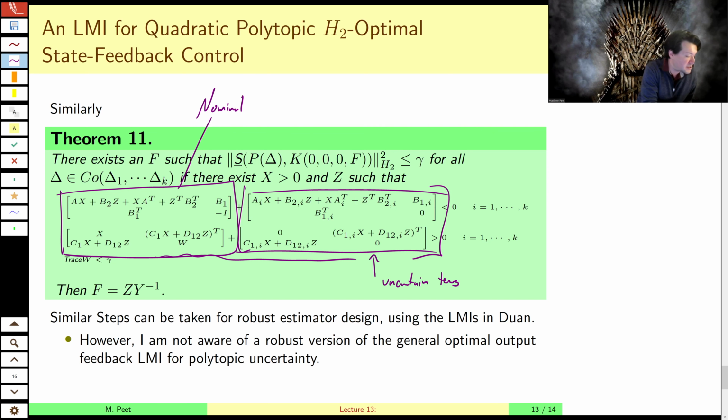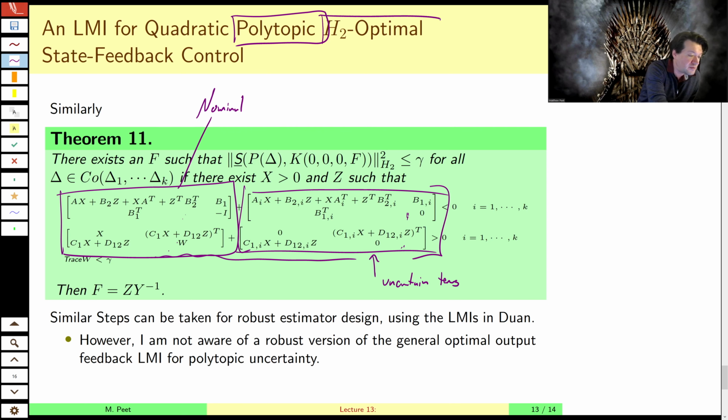These parts stay the same for every value of I, and of course these are the various vertices of the polytope, or the corners of the hypercube, if you prefer, depending on which one you're doing. I state these as polytopic, but of course the extension to interval uncertainty is straightforward.